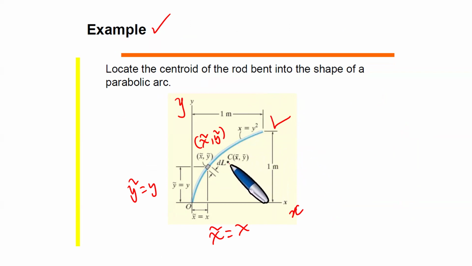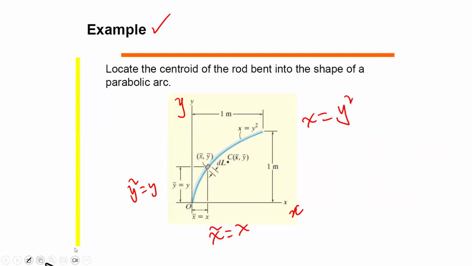If this is the centroid, then C would have the coordinates x bar, y bar. And the equation of this is x equals y squared. Okay, let's proceed.